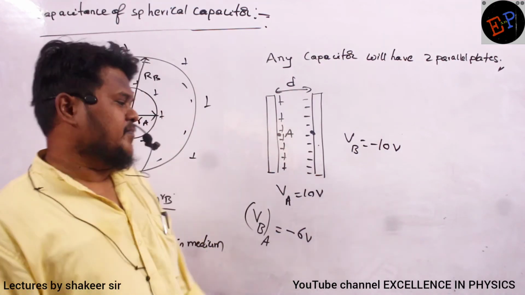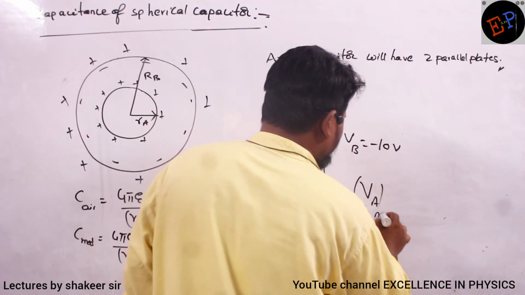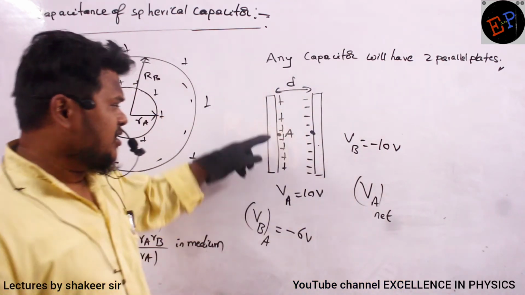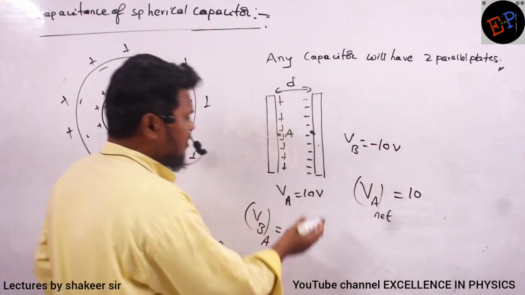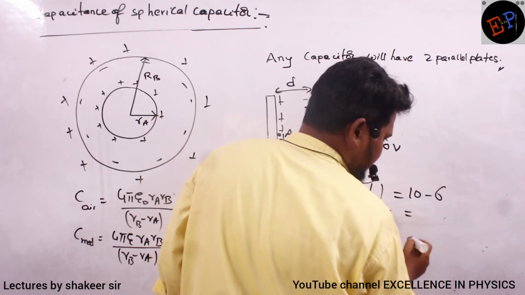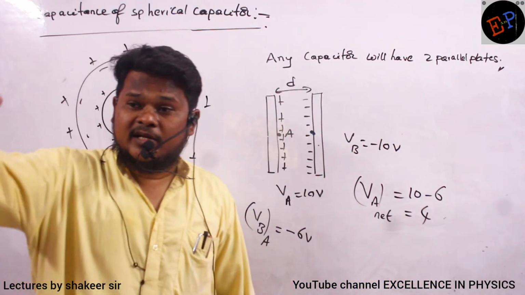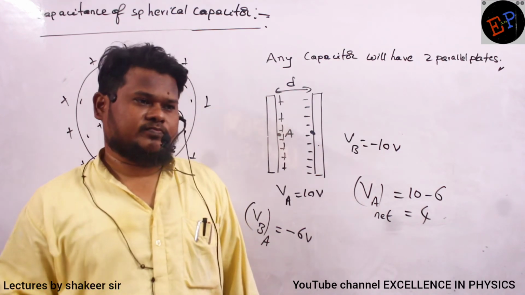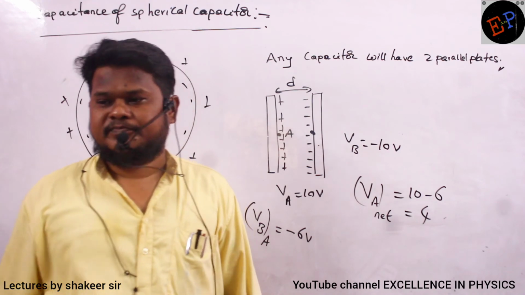Is it clear? So what is the net potential on A now? Initial potential was 10, and the potential given by the negative plate is minus 6. So total potential is 4. The potential has decreased to 4. If potential decreased, it means you can add more charges.